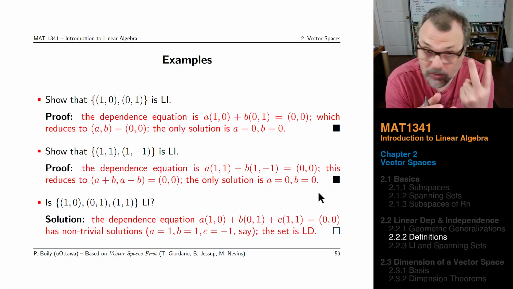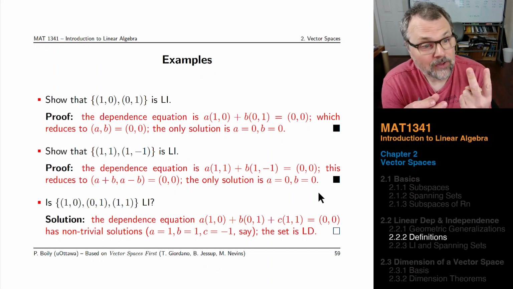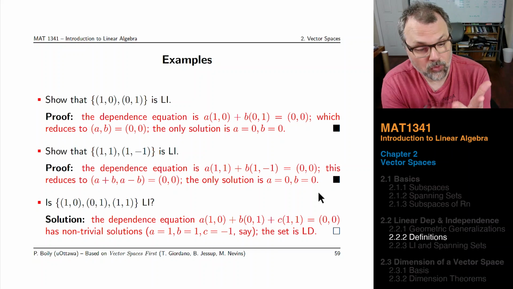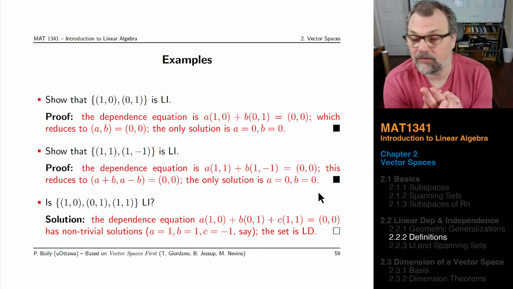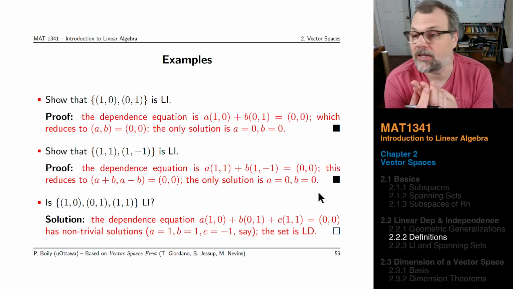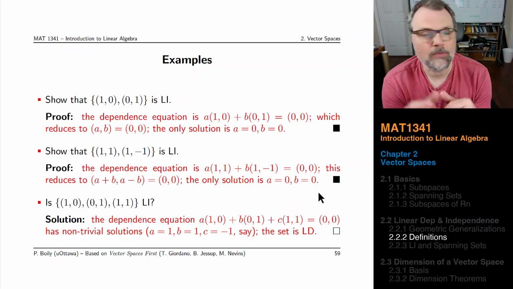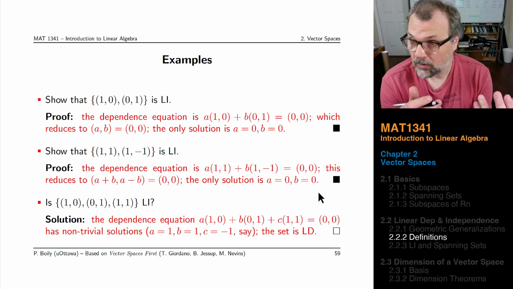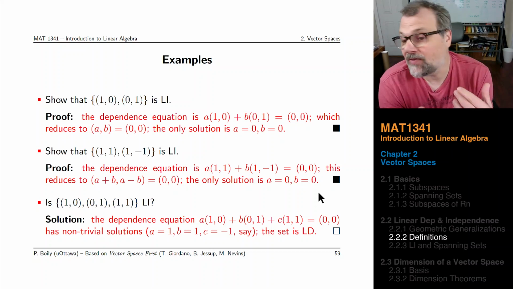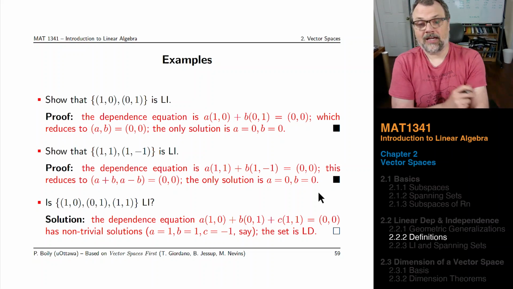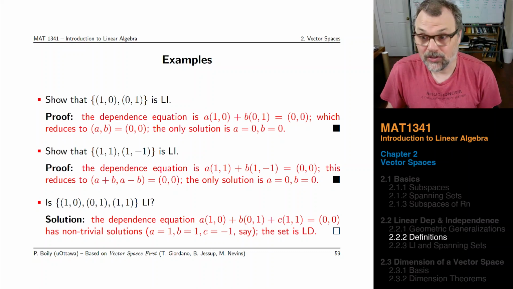R2 is a two-dimensional space. If you give me three vectors, there are more vectors than the dimension of the space, so they automatically must be linearly dependent. But this isn't a trick we can use right now because we haven't proven that this is indeed the case. We haven't even defined the idea of a space's dimension.